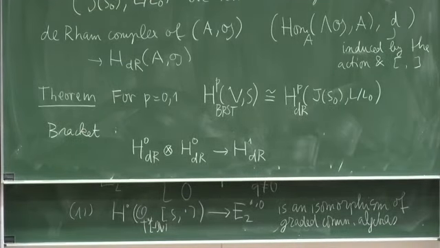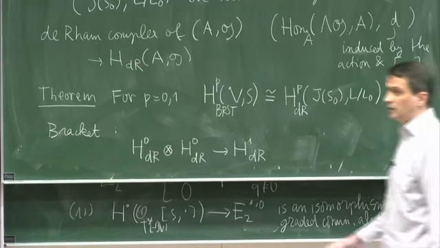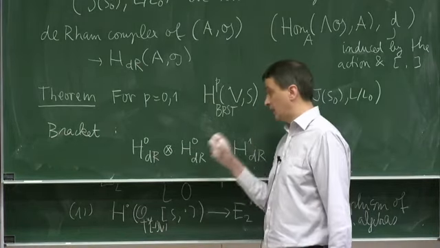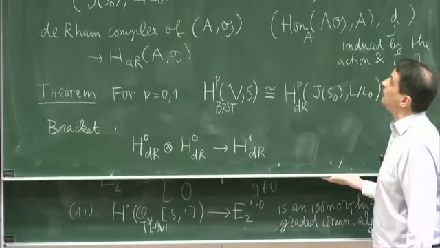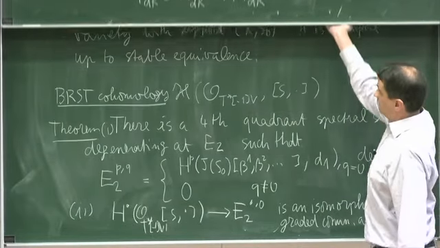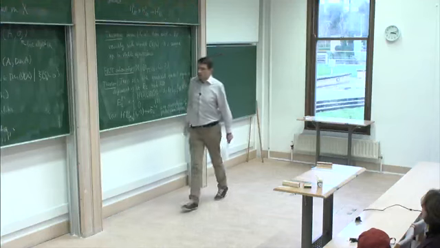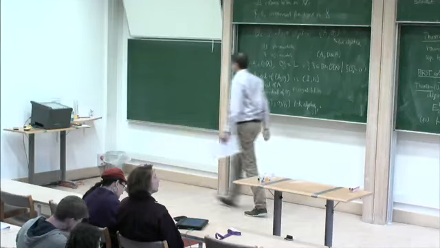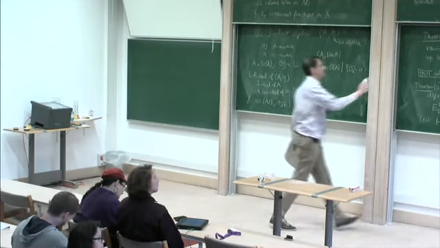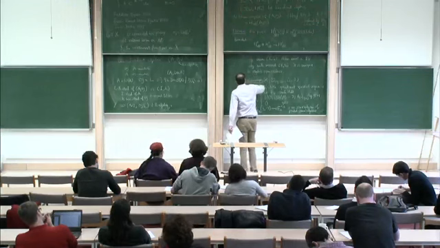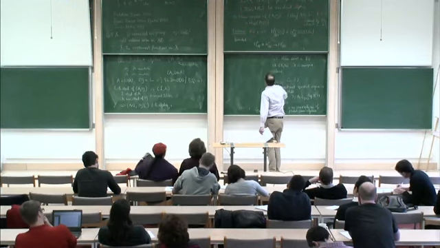Let me conclude by giving a classical form, in terms of the Lie-Rinehart algebra, of this bracket. Then I have some questions for you about this bracket, and then it will be over.